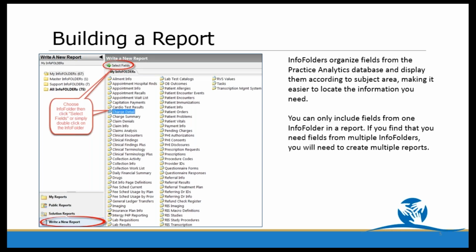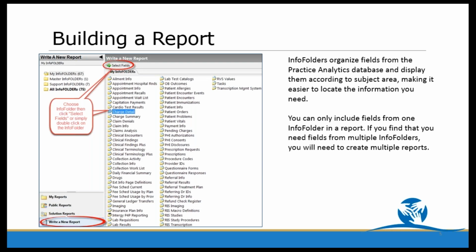We're going to talk about a couple different ways that you can write a new report. So once you're in write a new report, the most important thing is, what folder do I want to use? Now, people that have been using Practice Analytics kind of know where that information is being pulled from, either Energy or EHR, and know what folder they need to look in once they come into PA to pick the proper folder to run the report.